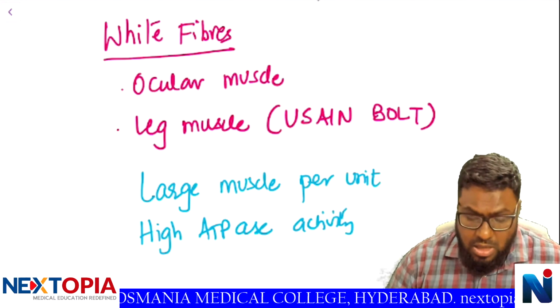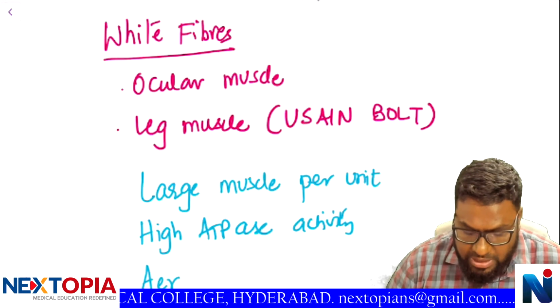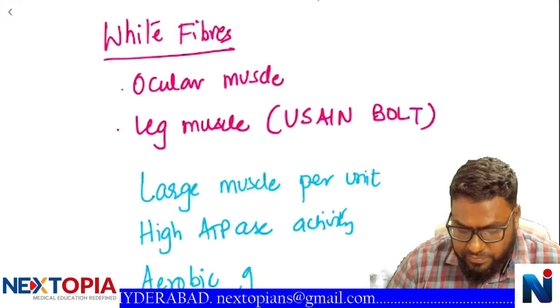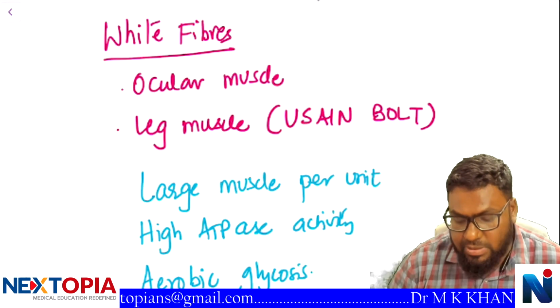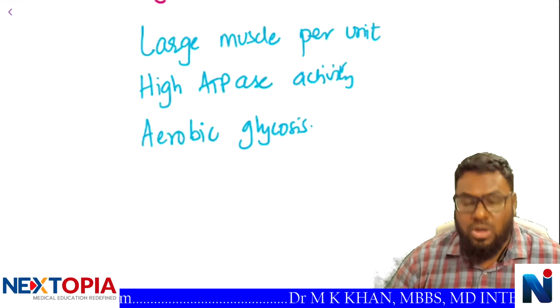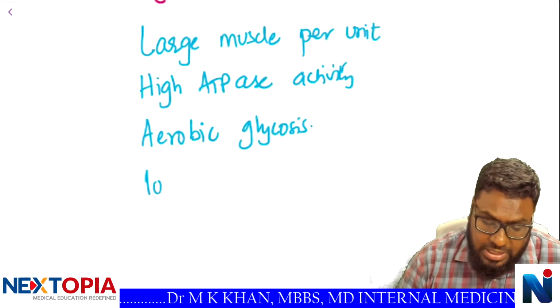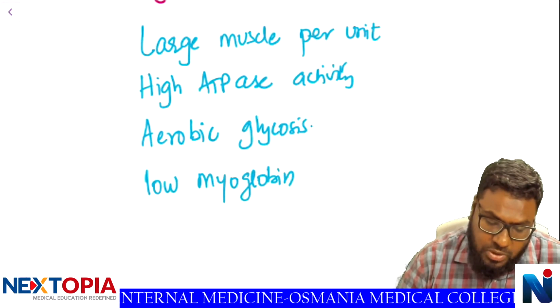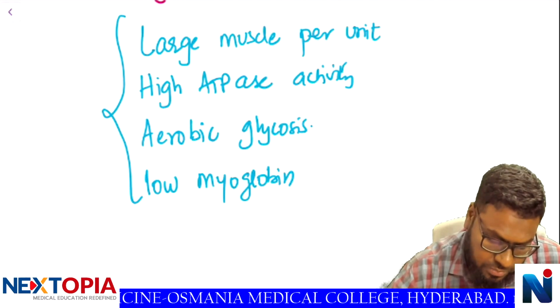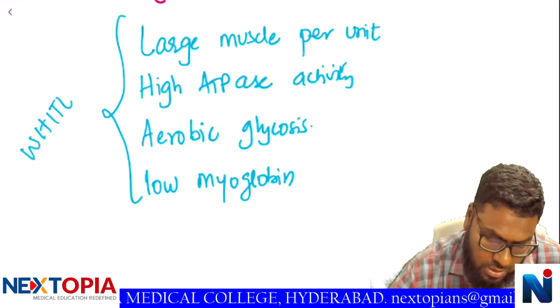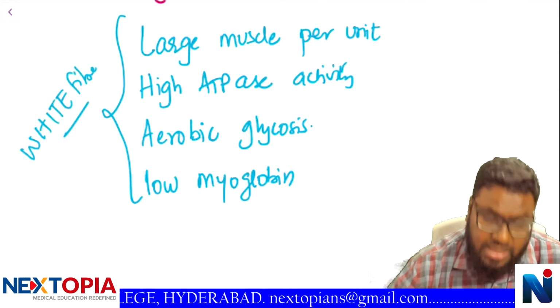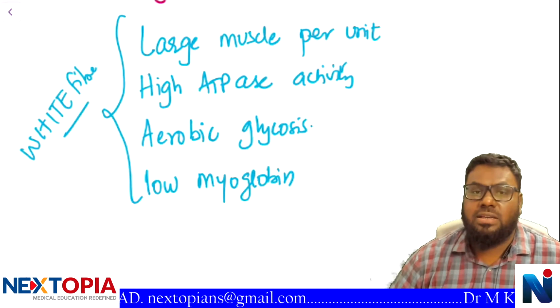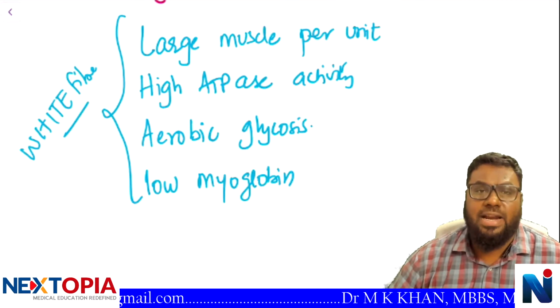It has a very high aerobic glycolysis pathway, so that ATP is generated and given back to the muscle for contraction. And most importantly, it has low myoglobin. So these are all the important properties of white fiber, the large muscle fiber which has rapid activity.